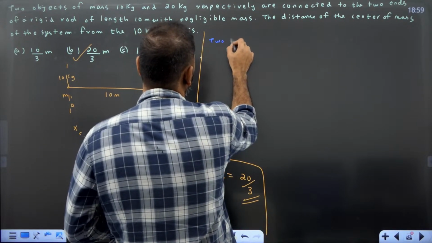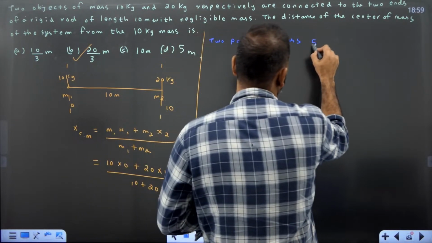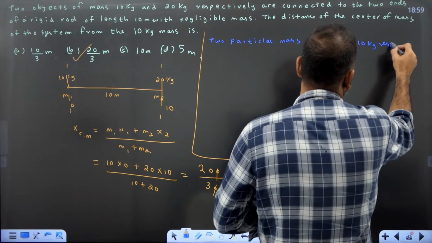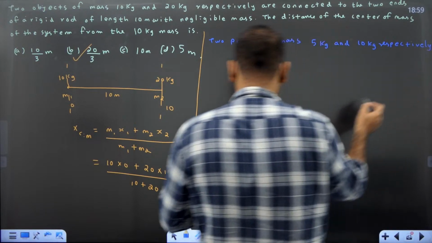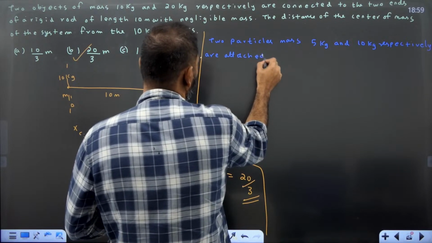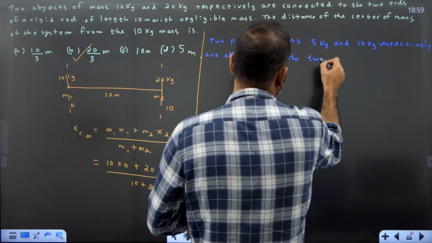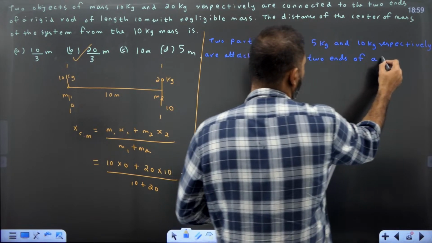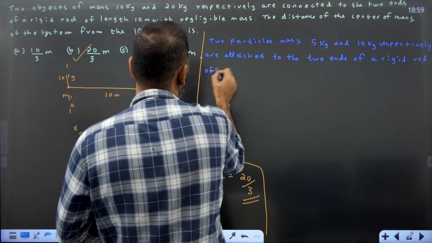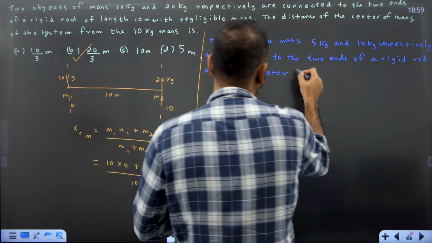Two particles, mass 5 kilogram and 10 kilogram respectively, are attached to the two ends of a rigid rod of length 1 meter with negligible mass.